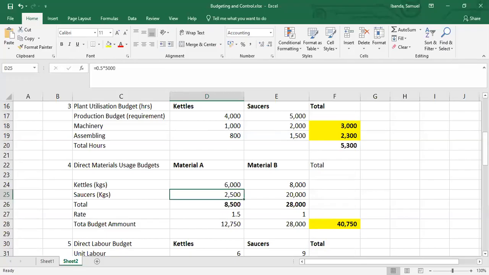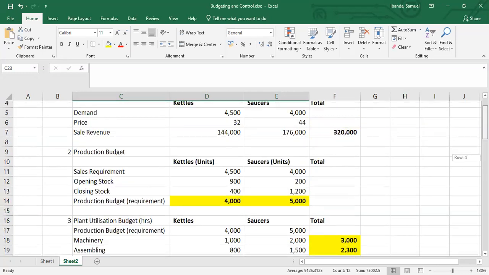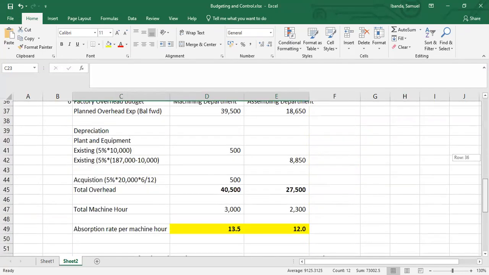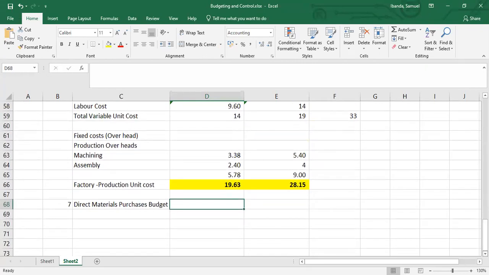So I was trying to say that when it comes to the direct materials budget, our concentration is to determine how much we need of materials to produce what is within the production budget. Now with the direct material purchase budget, here we are bringing this down to how much we shall have to purchase.